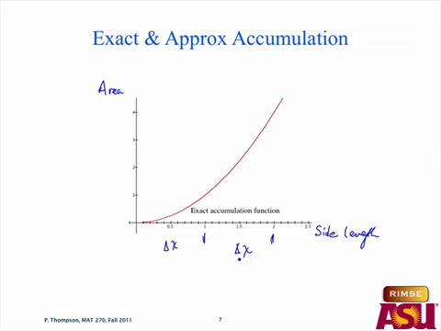Exactly. So take this point and this point, and let's get the constant rate between those 2 points. Then go to the next delta x interval, and we'll get a new constant rate for that one. This is like our piecewise linear function that's approximating the accumulation.